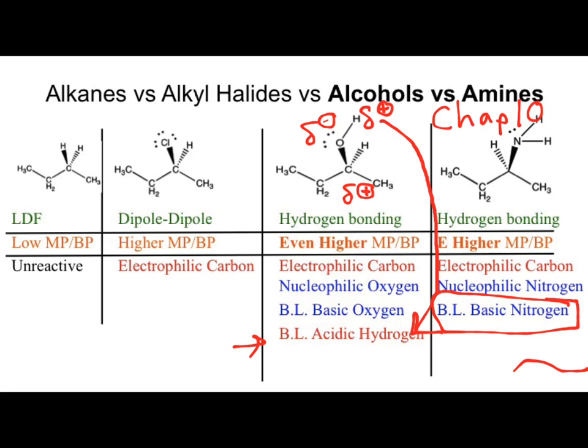Okay? If we take a look at the, might as well use colors because I got them, the partially positive carbon, what does that correlate to? It correlates to our electrophilic carbon. Okay? The partially negative oxygen, what does that correlate to? We have a nucleophilic oxygen.